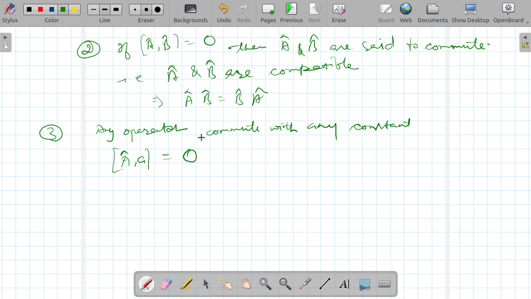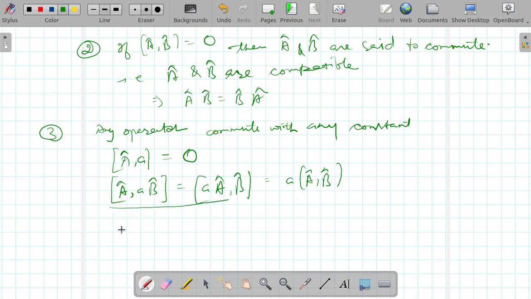That's the meaning of it, that it will commute. Also, the constant can be taken outside. It can be expressed in this way, and let us try to do some mathematics for it.